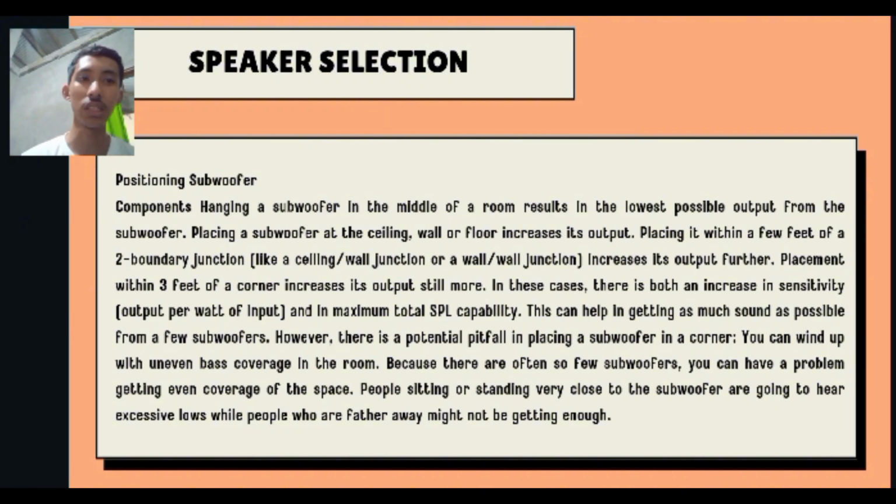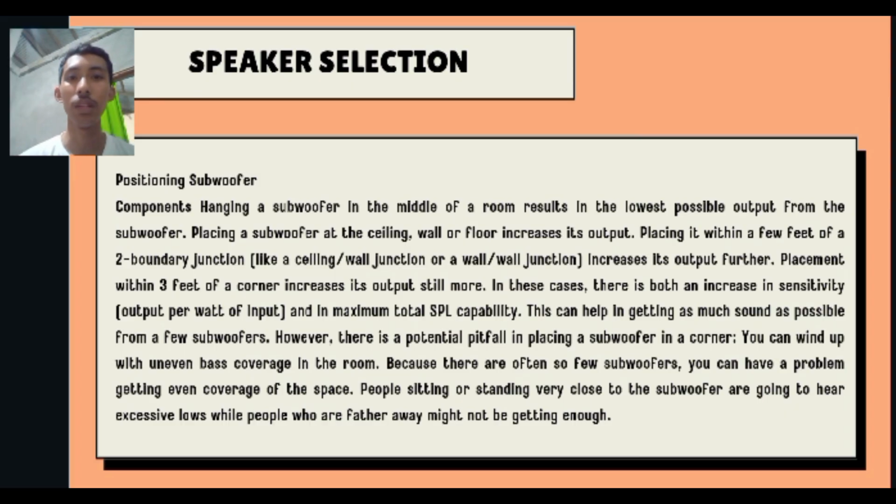In these cases, there is both an increase in sensitivity, output per watt of input, and in maximum total SPL capability. This can help in getting as much sound as possible from a few subwoofers. However, there is a potential pitfall in placing a subwoofer in a corner.